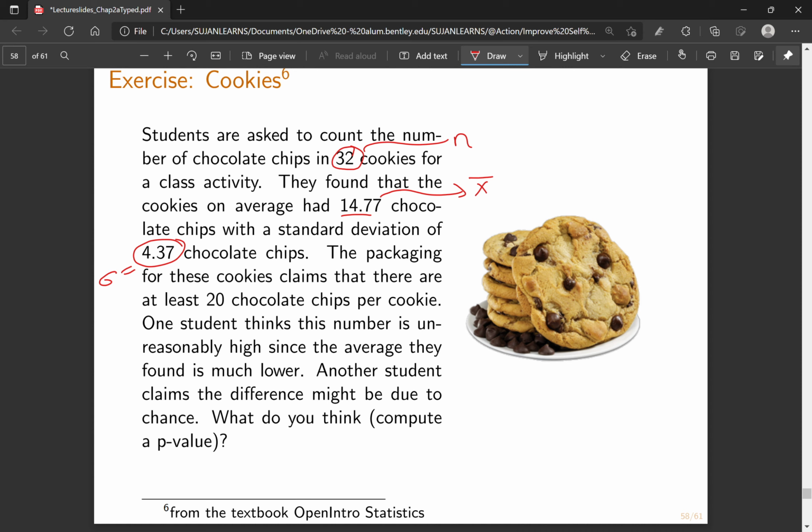The modeling assumption is that the number of chocolate chips in cookies, Xi, is an IID variable. That's a modeling assumption.